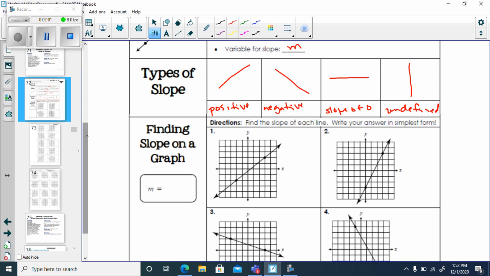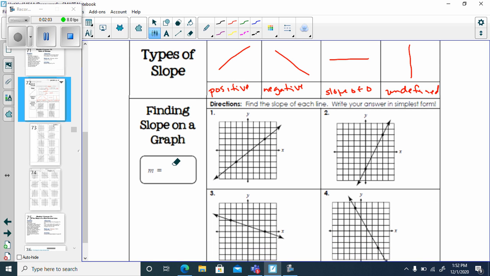Now, all we're going to do on this is find slope. We remember that slope is change in y over change in x, or rise over run. We're going to draw our right triangle, and we're going to determine the slope on each of these. These have points on them. Remember, to do this, you've got to have points that are on the grid lines. Here's our y up and down, here's our x left and right.